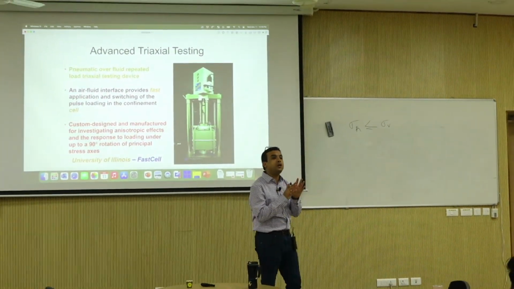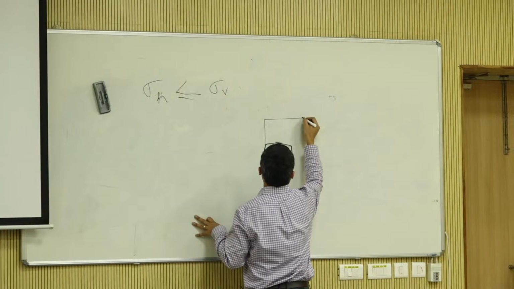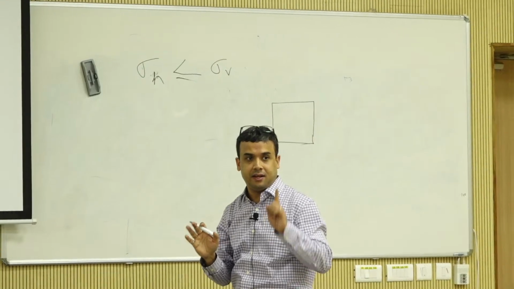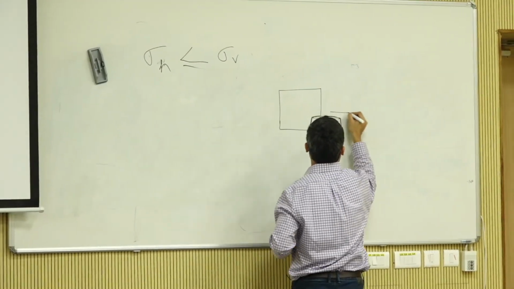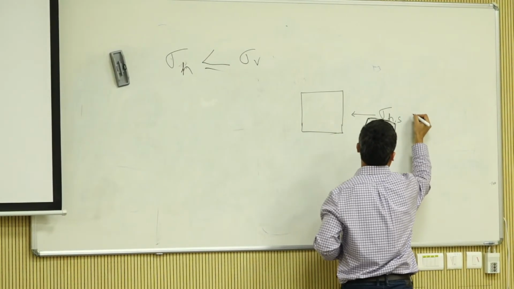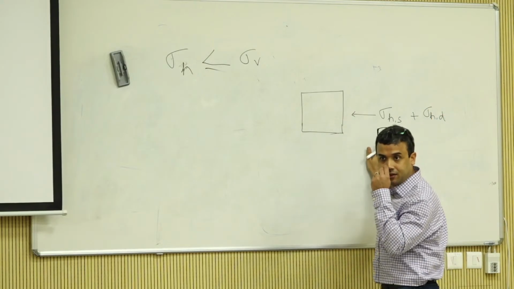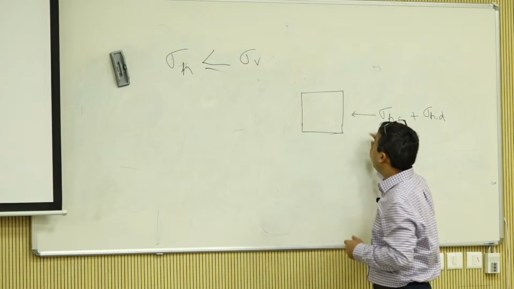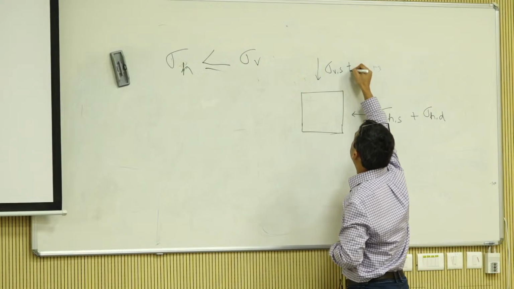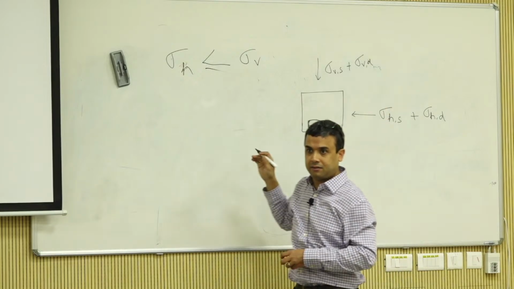Okay, and we are going to separate this now. So I'm going to draw the same sample now, but I'm going to separate these quantities. Here is what I'm going to say. This one, I'm going to say sigma h comma static plus sigma h comma deviator. And this I'm going to call sigma v comma static plus sigma v comma deviator.